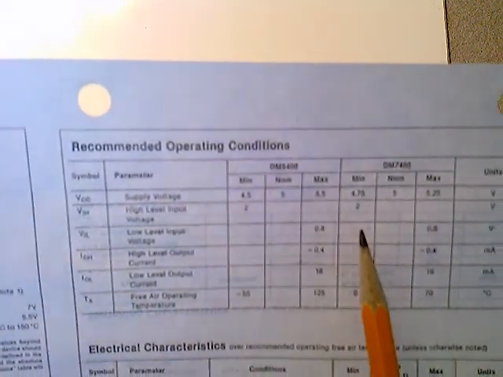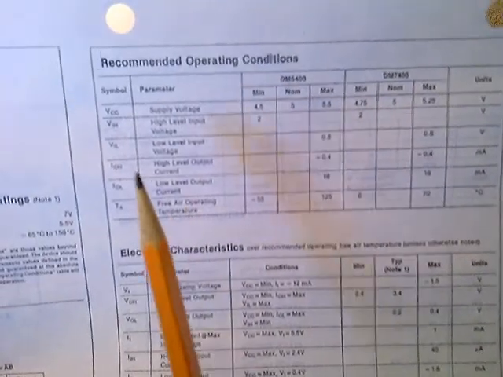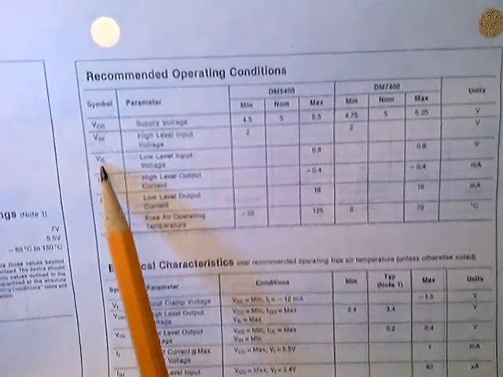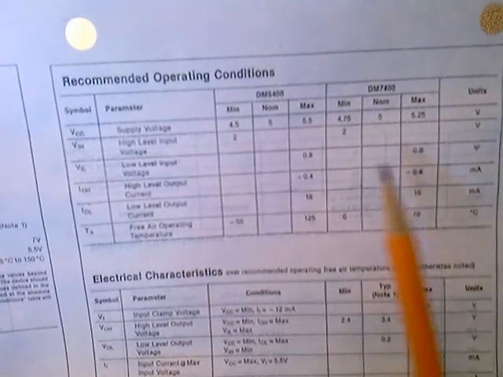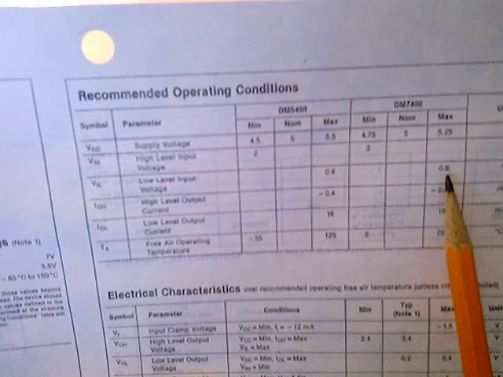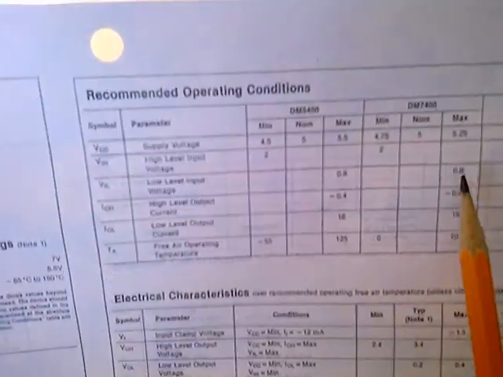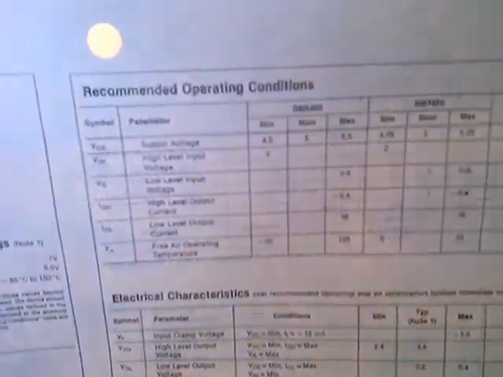What about VIL? It's right here, and VIL is also specified, in this case, as a maximum value. You're going to see why one is specified as a maximum and one as a minimum in just a minute.